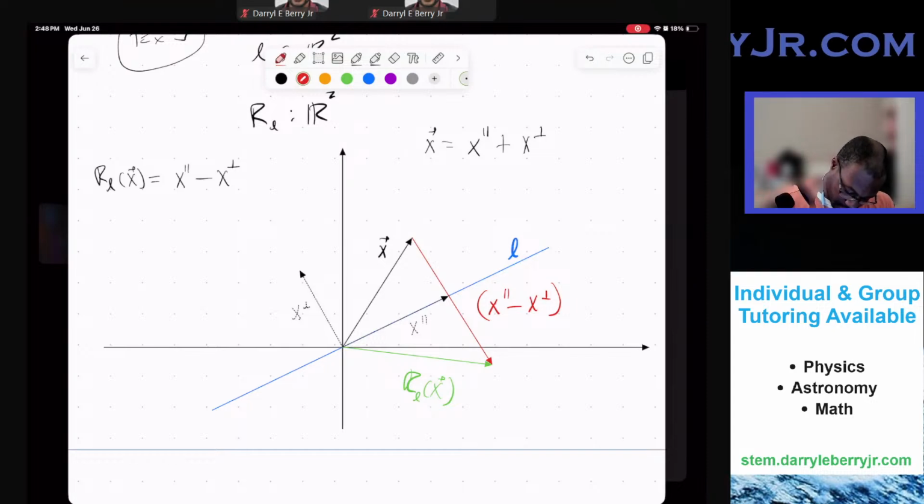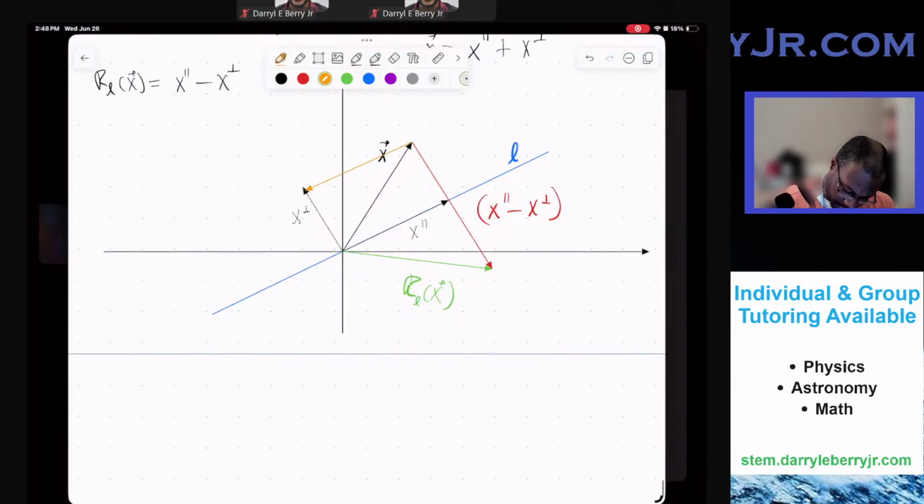X perpendicular equals X minus X parallel.